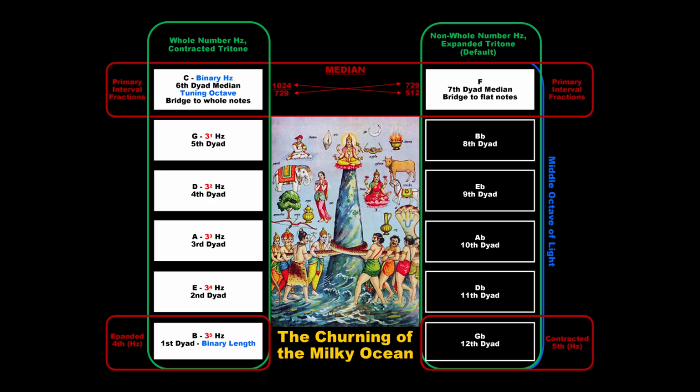It is a story where you have a mountain called Mount Meru, and on one side are the gods, the Devas, and the other side are the demons, the Asuras. And they both are playing tug-of-war with a snake, going back and forth, spinning this mountain in a milky ocean. And by cooperating in this manner, they are able to generate treasures from the ocean to the benefit of all.